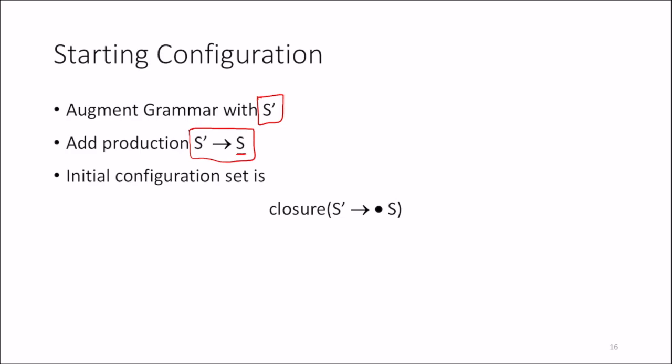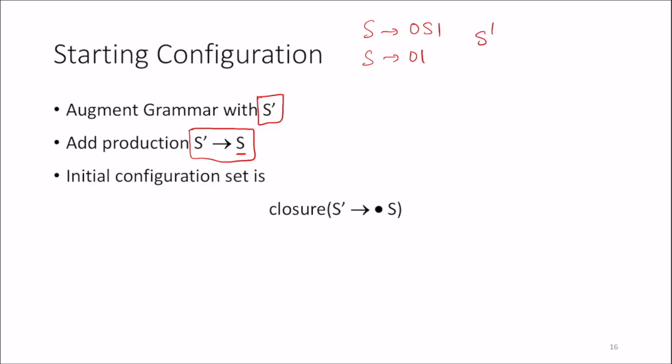So let's say that you had multiple S rules. Let's take the concrete example that we've been using in previous slides. In this case, there are two rules with S on the left-hand side, and it's preferable for the start symbol to have only one rule.